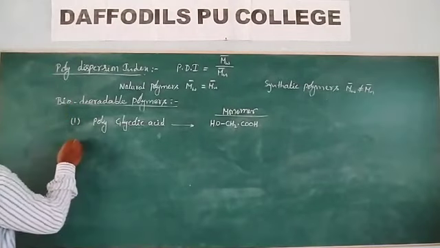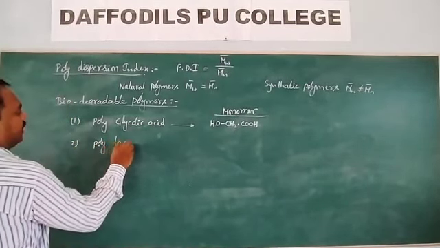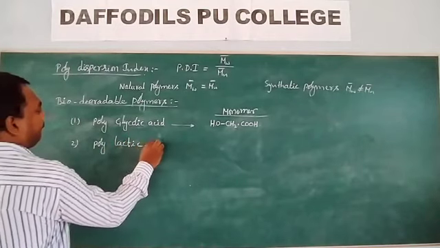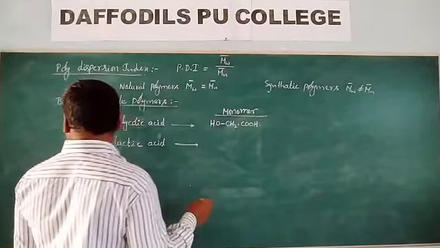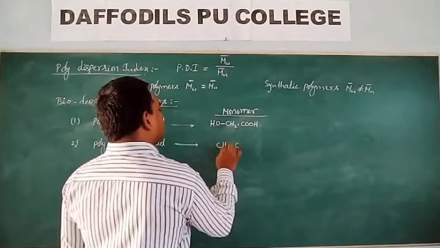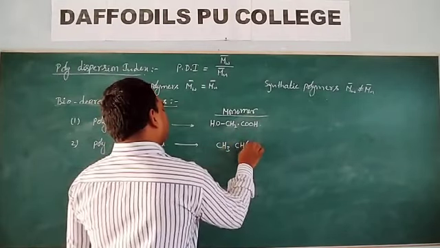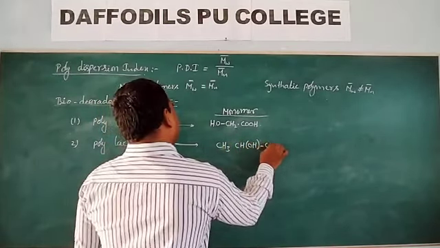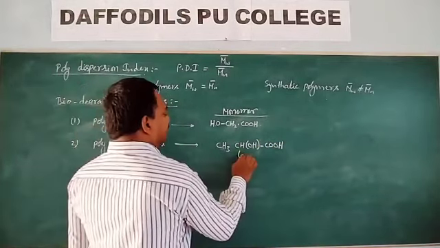Another biodegradable polymer is polylactic acid. In polylactic acid, the monomer is lactic acid.